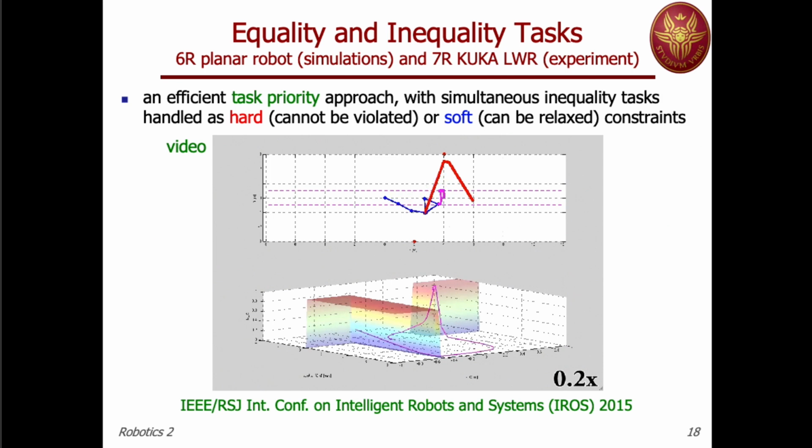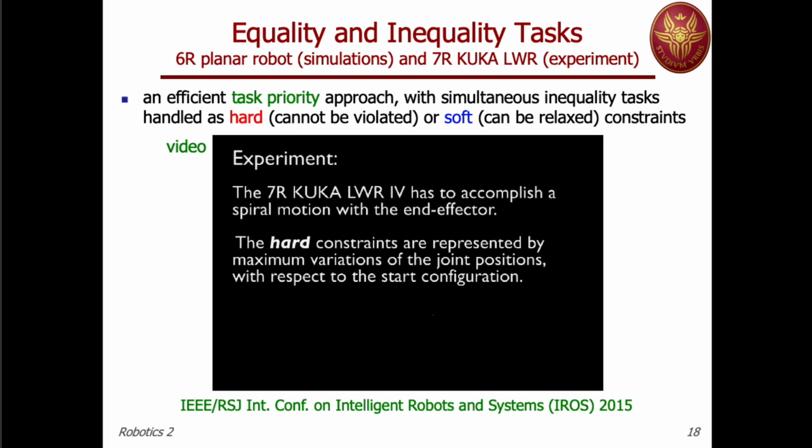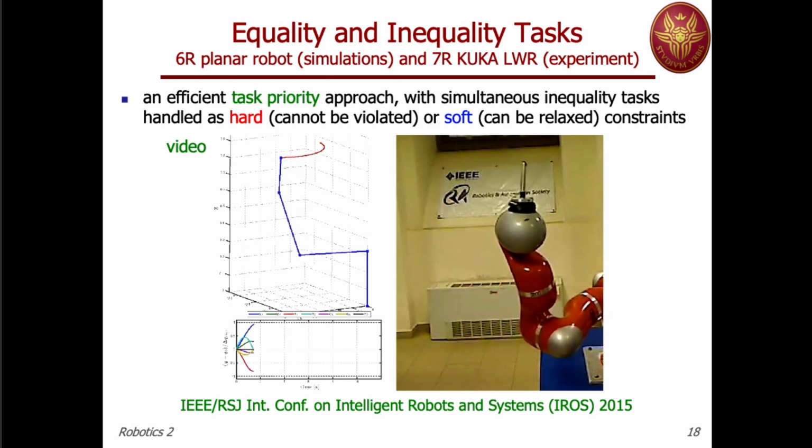Here you can see another representation of the distance to the constraint. And you see that in this case, since we are softening this lower bound, then we do the task as long as possible satisfying it, and then we violate because we want to achieve the final point. So this idea and all the details are in this paper, which is referenced in the bibliography.